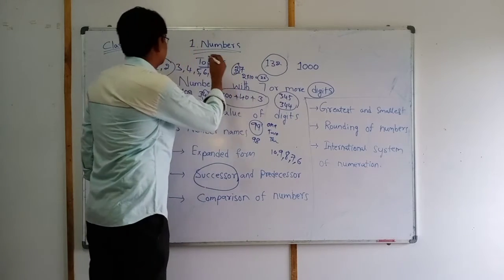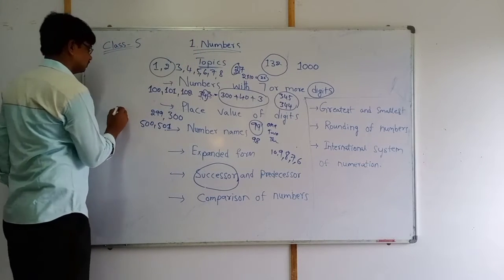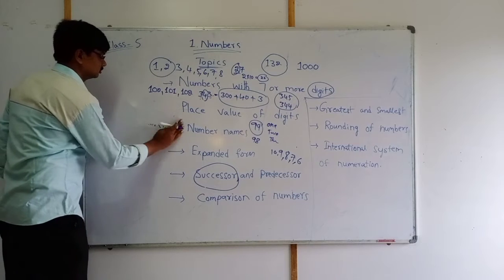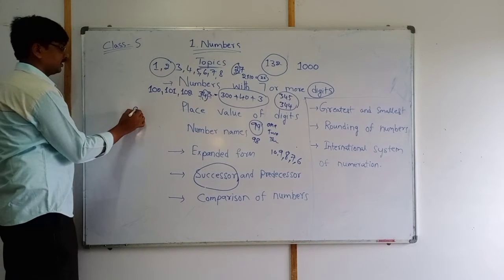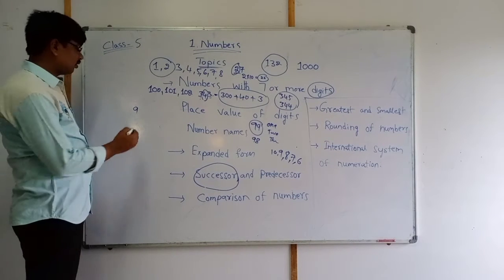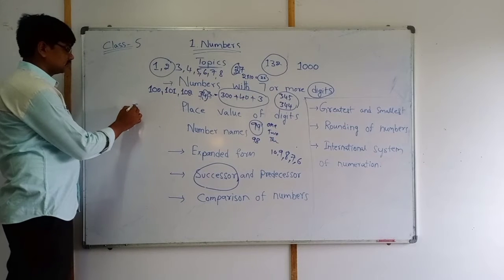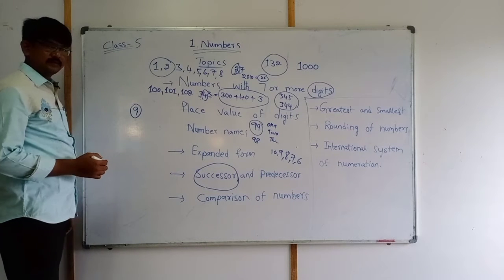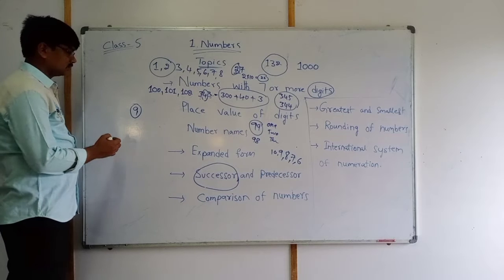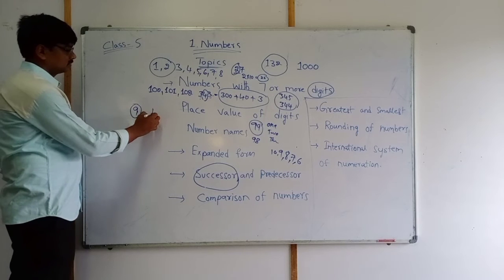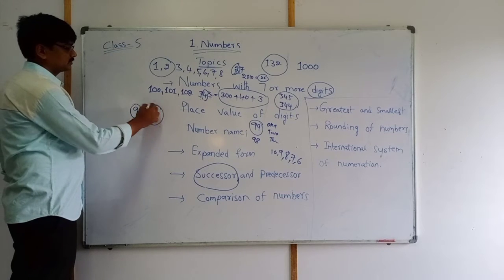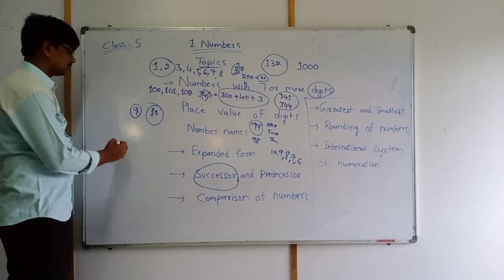Rounding of numbers. Example, 9 is given, round off it to the nearest 10. Yes, which is the nearest 10 to 9? 10, right? Okay.